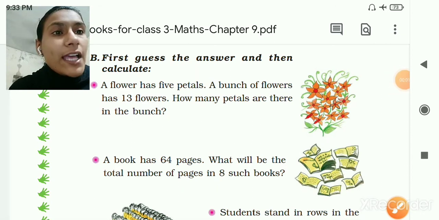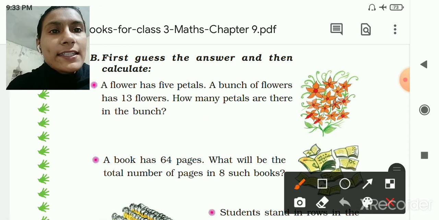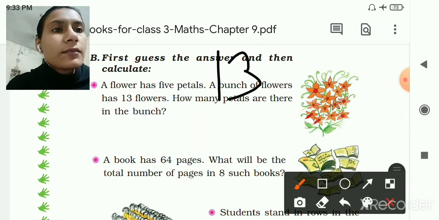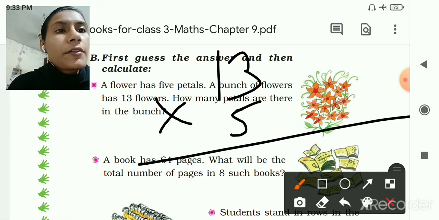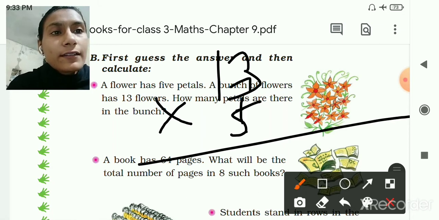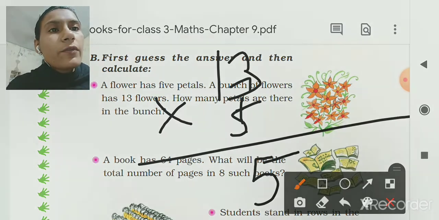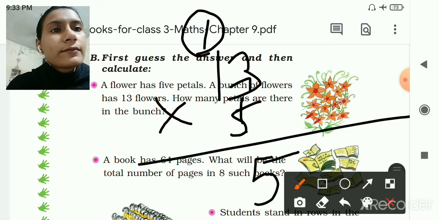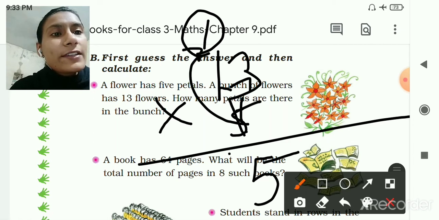Now guess how many petals are there in the bunch. Let's see, 13 multiplied by 5. First we will multiply 5 and 3. 5 3s are 15, so 5 here and 1 carry. Then 5 1s are 5, plus 1 is equal to 6.